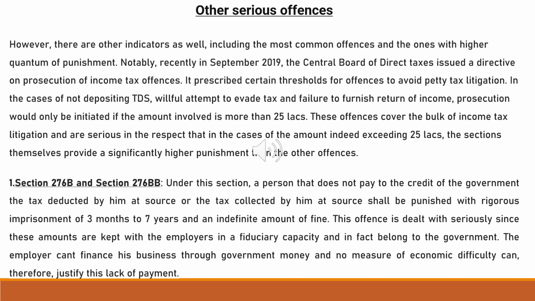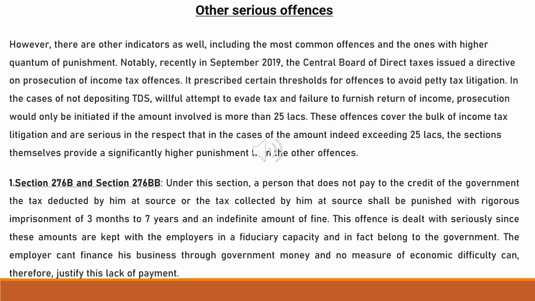Normally, the amount of penalty is 25,000. In case the person has entered into an international transaction, the penalty will be 2% of the value of such international transaction or specified domestic transaction.